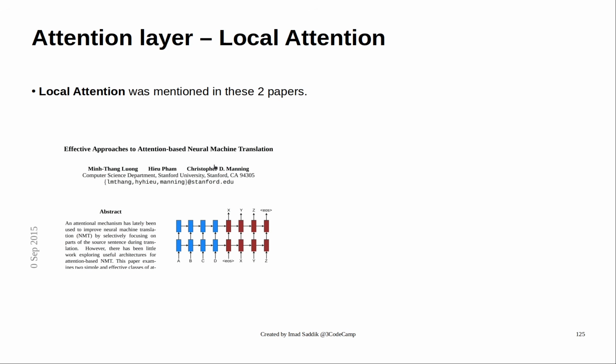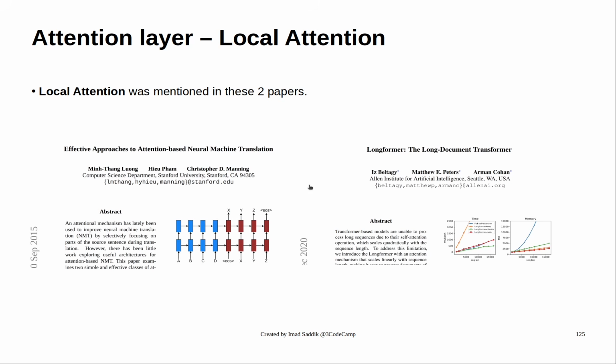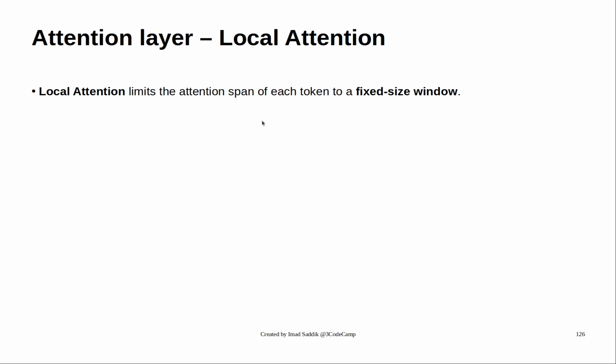Local attention is the next method that we are going to focus on. It was mentioned in these two papers. Here they are. Again, you can click on them if you want to go deeper. Local attention works by limiting the attention span of each token to a fixed size window.